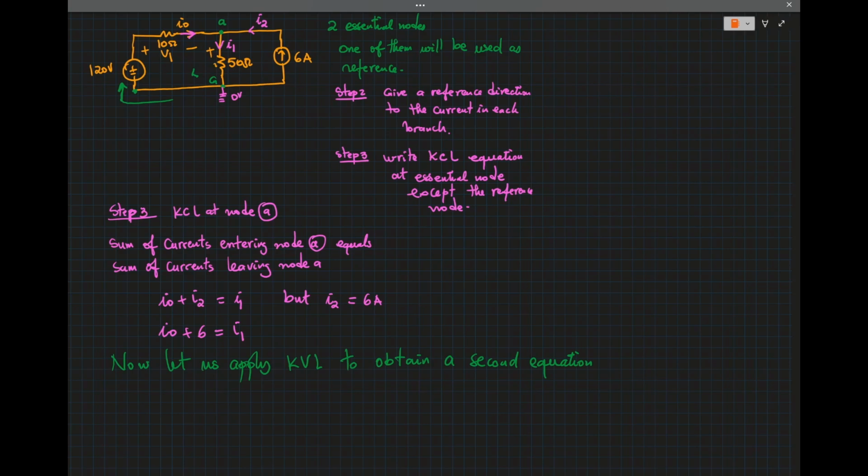Okay, so we're going to do more examples. Maybe let me use a different color. All right, so this is 10 ohms. Let me use a different color to label the voltages so there's no confusion.